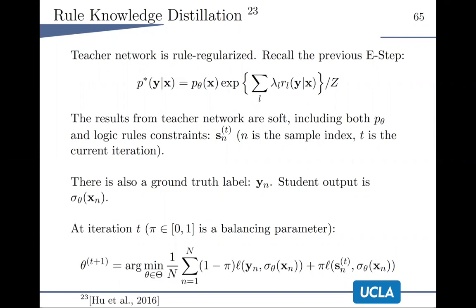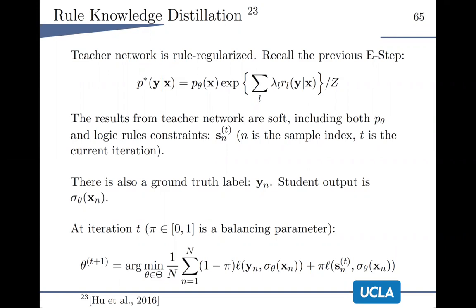The form is similar to the Markov logic network. But in Markov logic network, usually it's a hard rule, which means that we plug in this x and y, and we want to check whether it satisfies the rule. If it's a yes, then it's going to be 1, otherwise it's going to be 0.